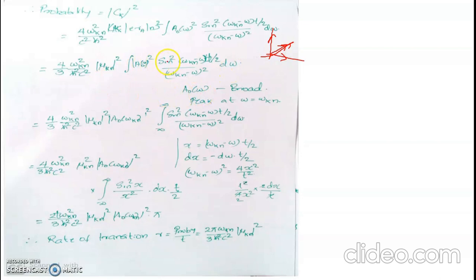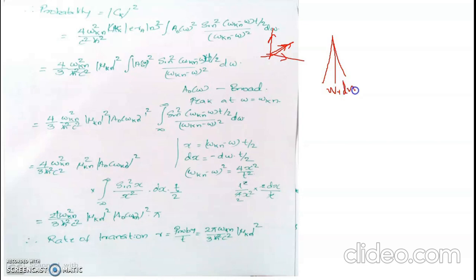Now you look at this. A0 of omega is in fact the amplitude which will be peaking about a particular value of omega. We cannot take A0 as the amplitude corresponding to a single particular value. Instead, this corresponds to a range of values around omega, that is omega plus d omega.